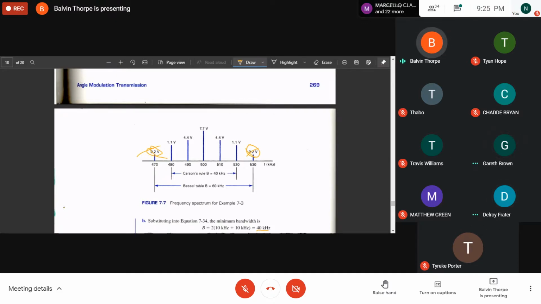It's just that as far as Carson is concerned, it does not necessarily contribute as much in terms of the overall amplitude of the signal, and therefore for taking up so much space on the frequency band, it's not worth it. And therefore Carson tried to eliminate it. But with the Bessel function, they find the bandwidth and use all of that bandwidth.